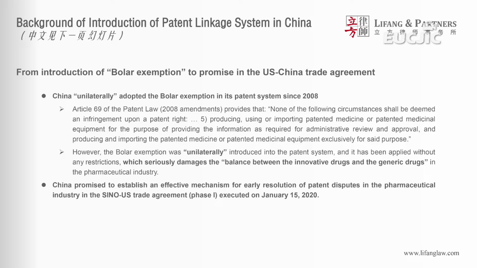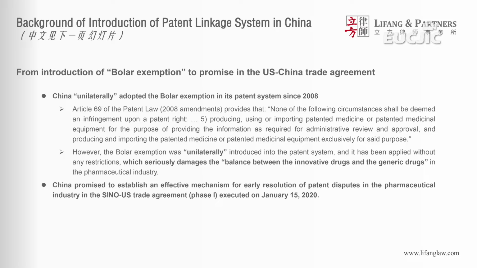This is just for the background. Now, why does China need a patent linkage system? We have internal desires, and we also have outside pressures. The internal desire is because China has adopted the so-called Bolar exemption since 2008 in the last patent law amendments.